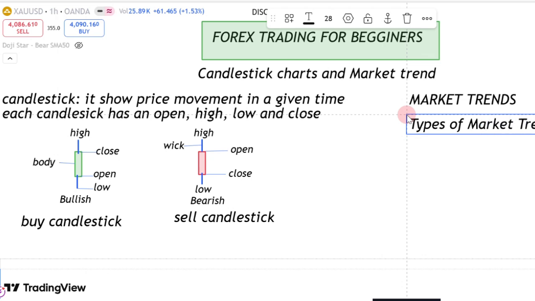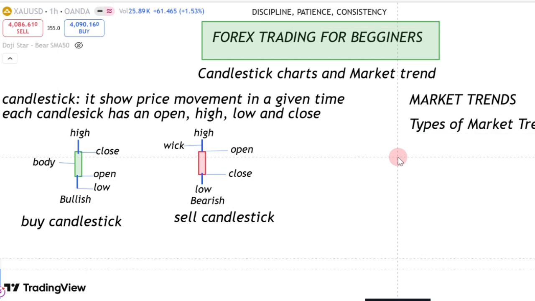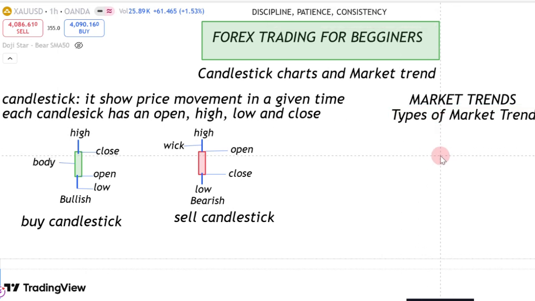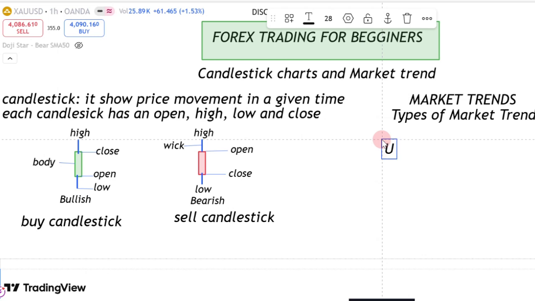So, types of market trends. We have uptrend. You have uptrend here.